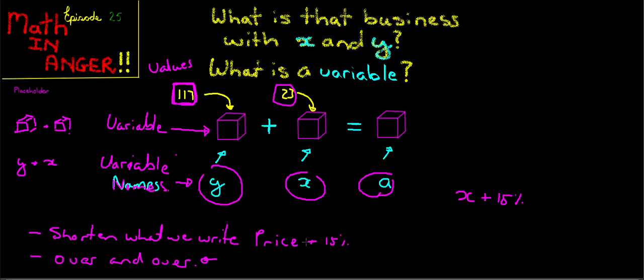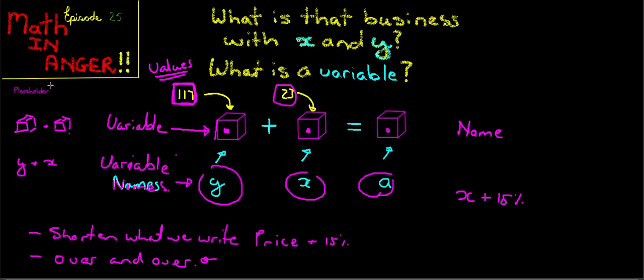What I need you to understand right now is that the box is the variable. You put something inside the box. The thing you put inside it, whether there's something inside the box that you've got to get, or you need to put something in it, is the value. And this alphabet stuff that you see in math is the name that we have given these boxes, in other words, these variables.